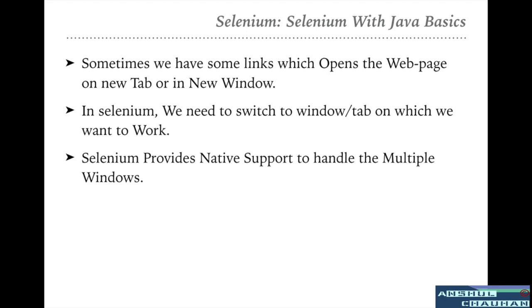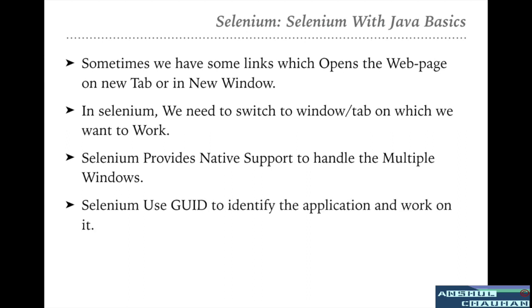We don't need to work in Java or create our own methods. Selenium already has inbuilt native support for multiple windows and tabs, and it identifies them on the basis of the GUID provided by the operating system.